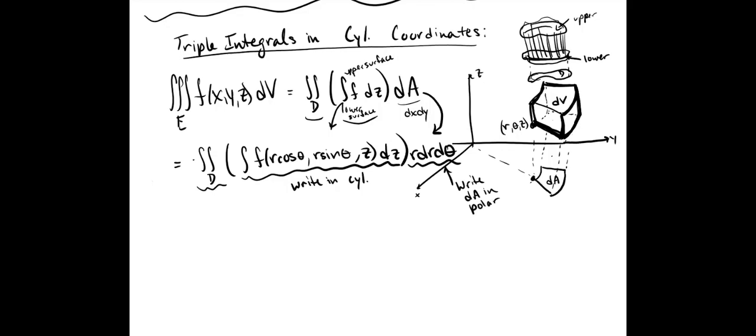And these bounds, remember this is like my footprint D, in polar variables r and theta. Right? That's how we're going to break all these problems down.